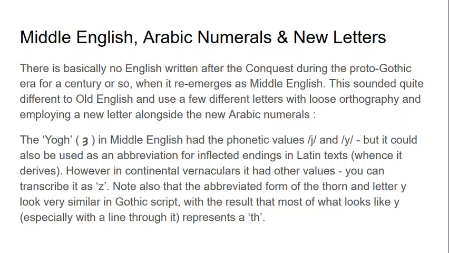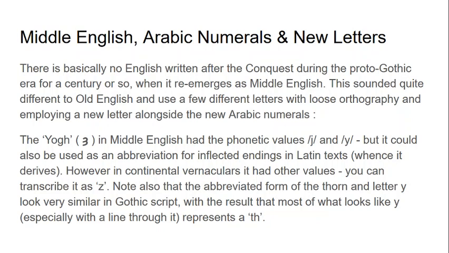It sounds quite different to Old English, and it uses a few different letters, with a rather loose orthography because there's no written standard for writing it, and they employed a new letter alongside imported Arabic numerals. Note that Arabic numerals don't become the standard until the 1500s, 1600s. They coexist with Roman numerals for quite a long time, but if you have Arabic numerals coming in, this tells you that it's the 1300s, 1400s or later.